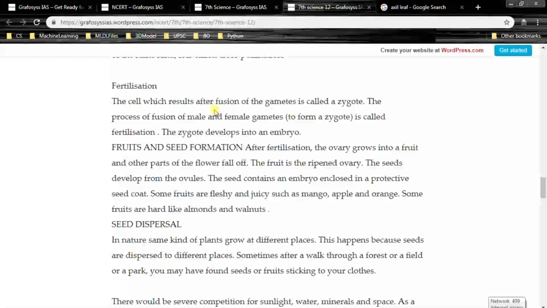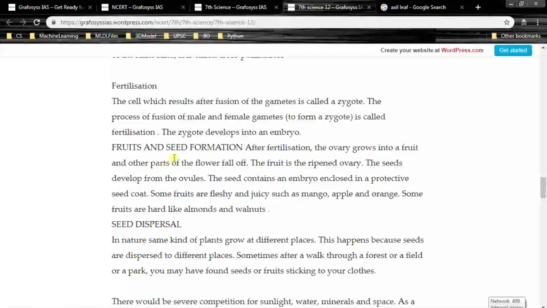So the cell which results after the fusion of the gametes is called the zygote, right? The process of fusion of male and female gametes is called fertilization. The zygote develops into an embryo.